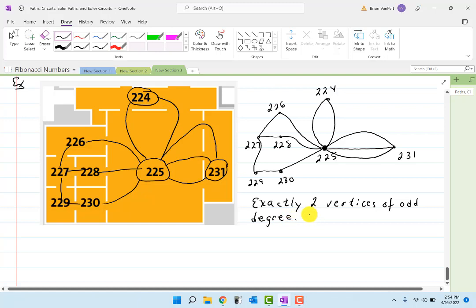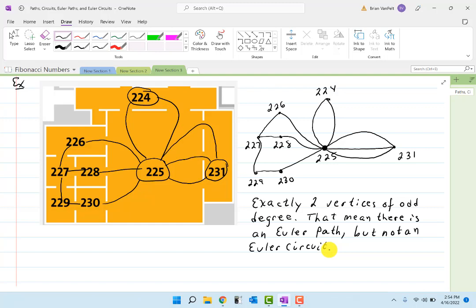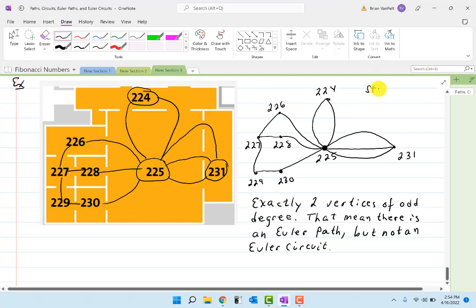That means there's an Euler path, but not an Euler circuit. So we have to settle for a path. If you want to settle for a path, it means we have to start at one of the odd vertices. So start at an odd vertex.